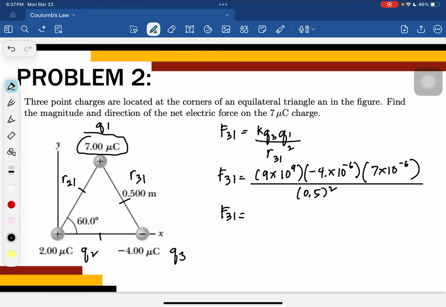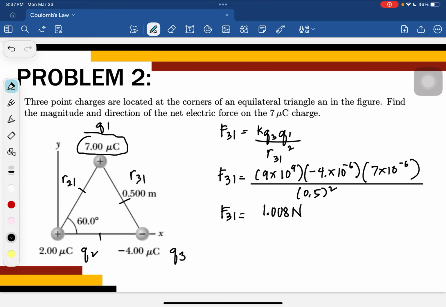That's 0.5 squared. So I'm getting 1.008 newtons. Hopefully I'm getting it right because I haven't really solved this yet. We will see in a bit.